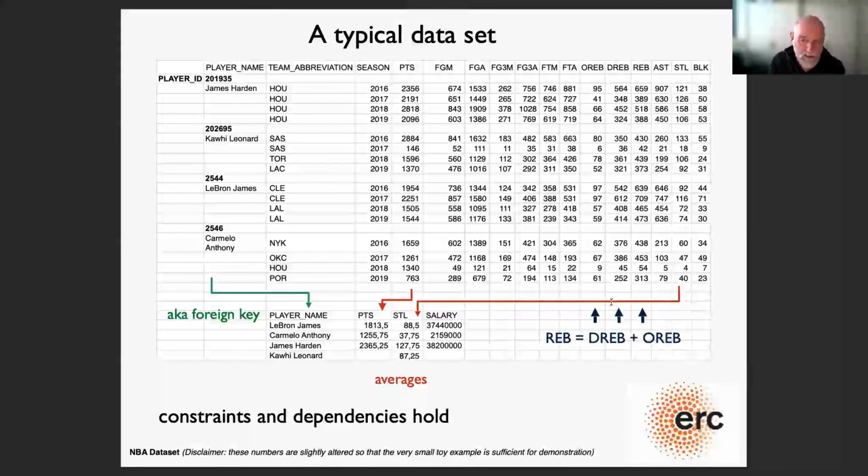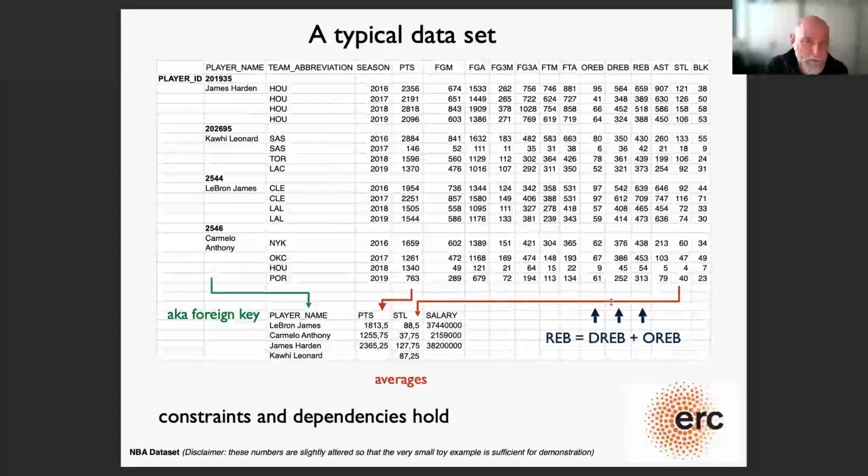Secondly, there are certain things that are quite obvious for us. The fact that there are foreign key relations between these two levels of player names in these two separate tables, so to say. There's also the fact that points, for instance, are averages.